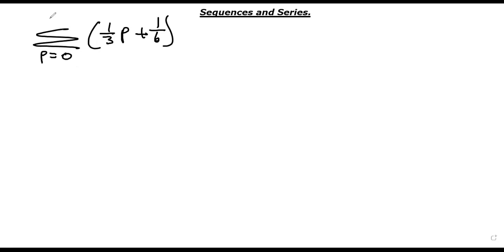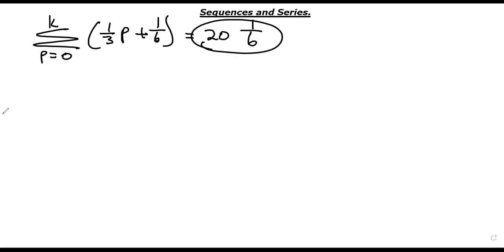So this is what the series is saying. It's the sum of a series represented by this general term from p equals 0 to p equals k. And they said to us, the sum will be 20 and 1 over 6.